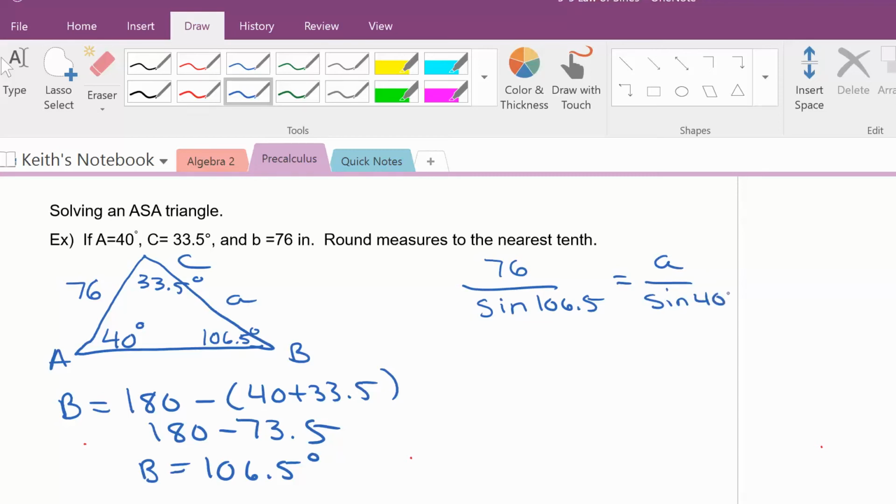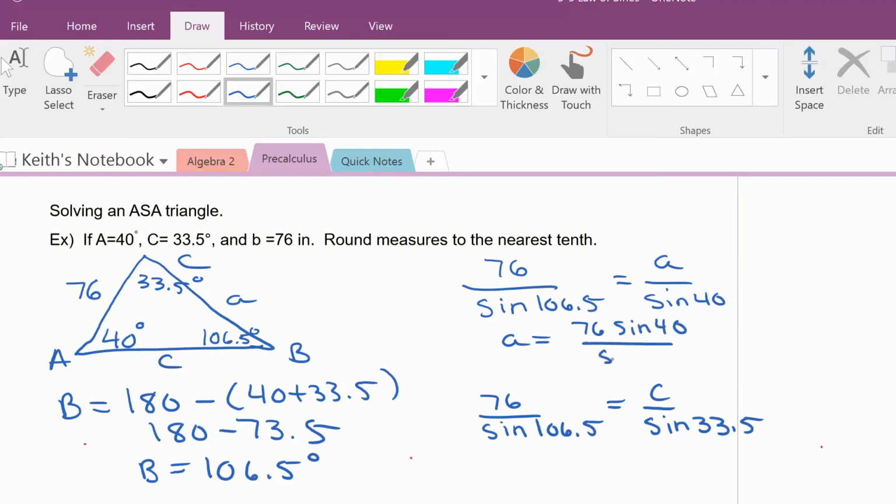And if I want to find c, it would be 76 over sine 106.5 is equal to c over sine 33.5. So then when you solve, a is equal to 76 sine 40 divided by sine 106.5.